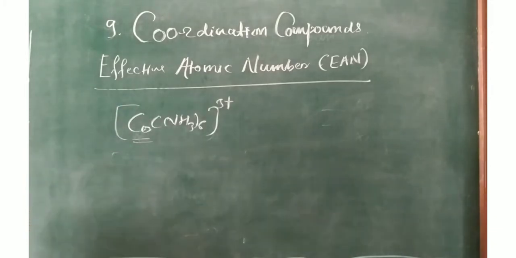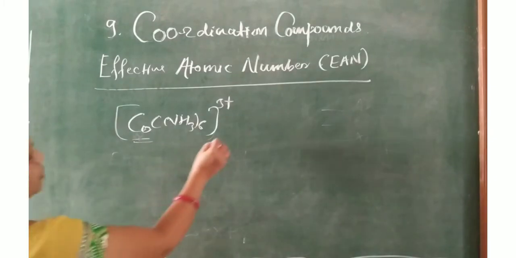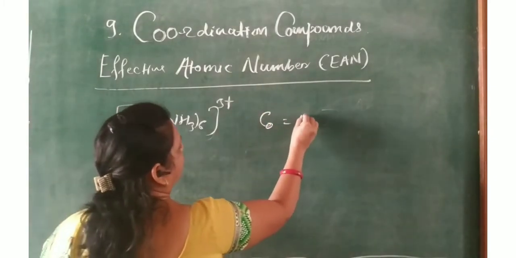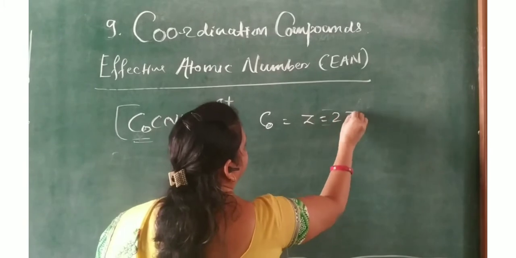For cobalt, the atomic number Z is equal to 27.